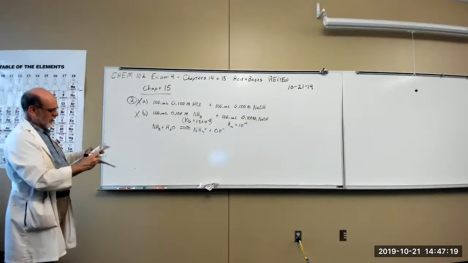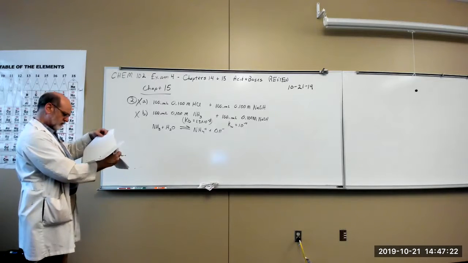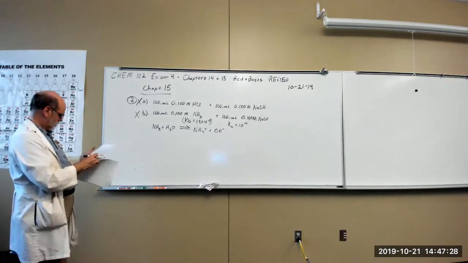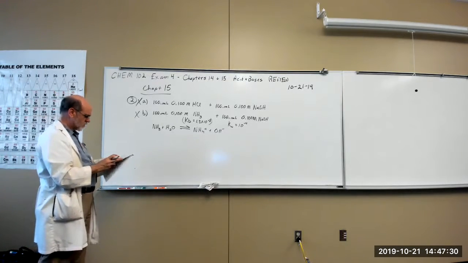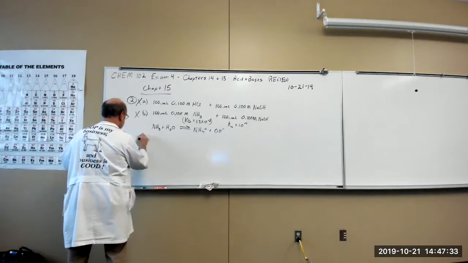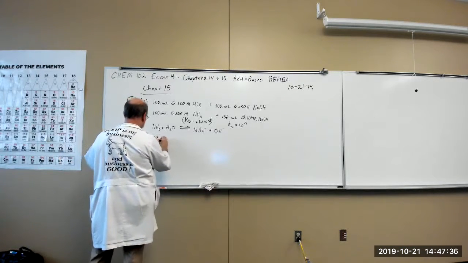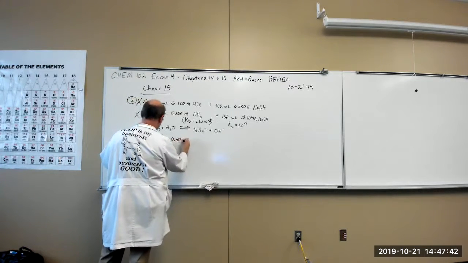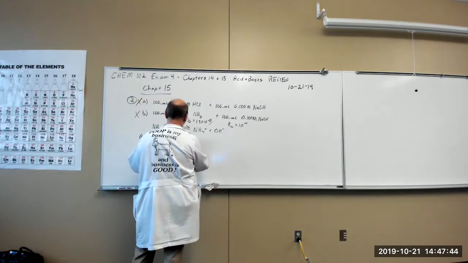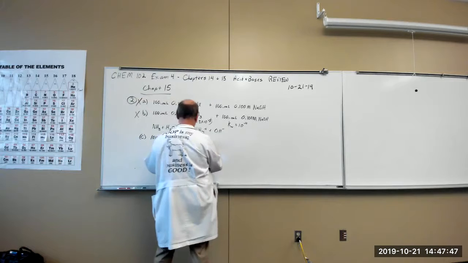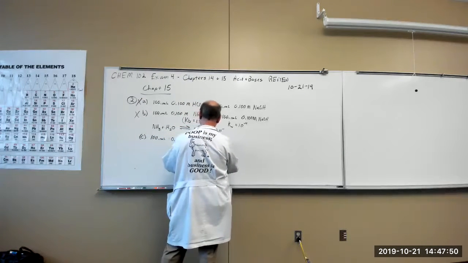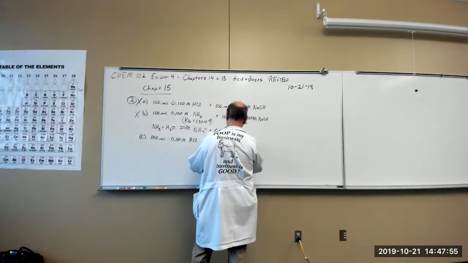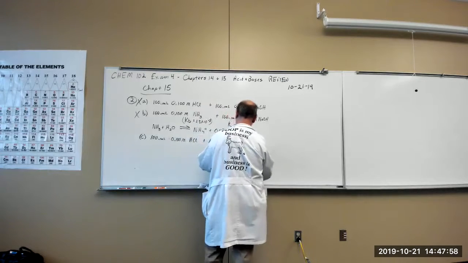Okay. How about, oh, C. Did I skip one? No, I didn't. C is 100 milliliters of 0.1 molar hydrochloric acid plus 100 milliliters of 0.1 molar ammonia.